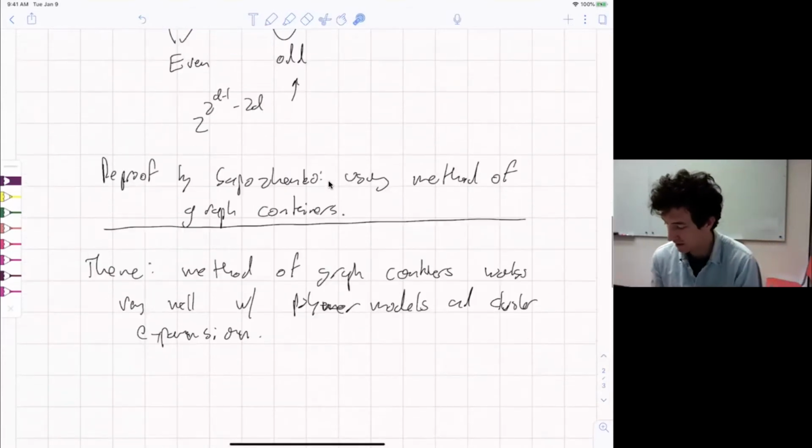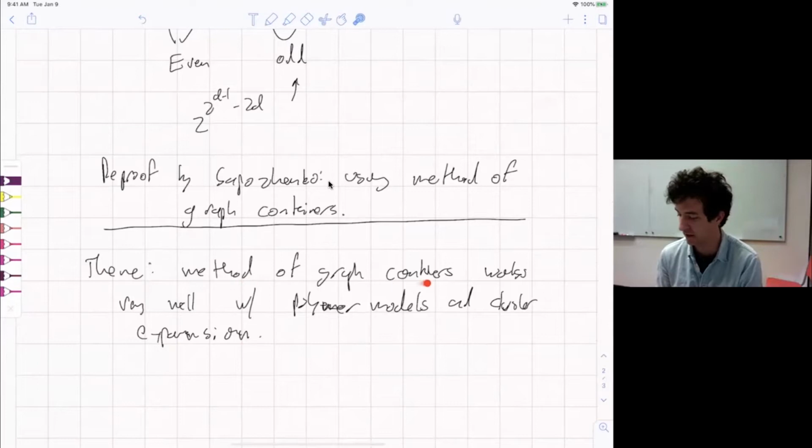I want to emphasize that when I'm talking about how the method of graph containers and the polymer models and cluster expansion are combined, almost all the hard work of understanding this problem that I'll describe to you is in the graph container lemma. That's the difficult hard part.